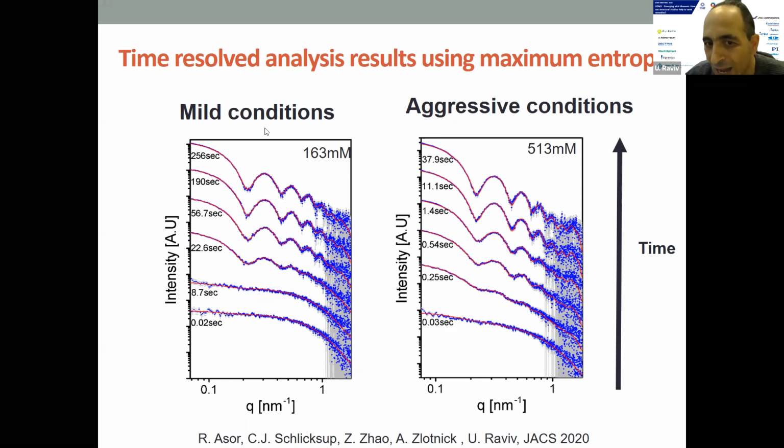So in order to analyze these data, we had to take a prior distribution of intermediate states that takes into account the thermodynamic stability of those intermediates. By combining maximum entropy with thermodynamic stability, we could filter out the physical distribution that corresponded to all the information we had about the system.